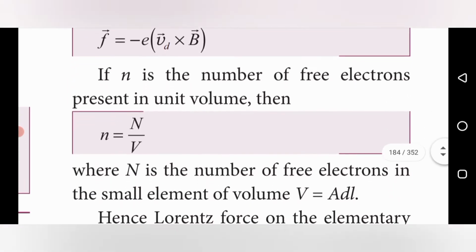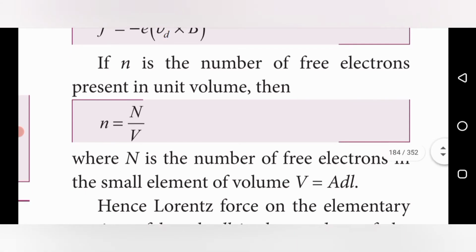Then we take a small element of length, dl. Here n is introduced, small n and also capital N. Small n is the number of free electrons present in unit volume, so small n is equal to capital N by V. Here capital N means the number of free electrons in the small element of volume.